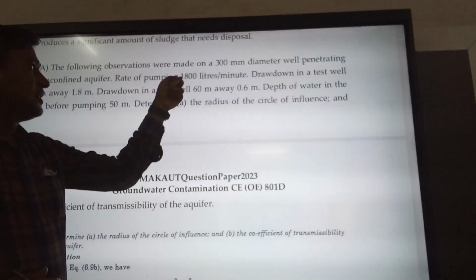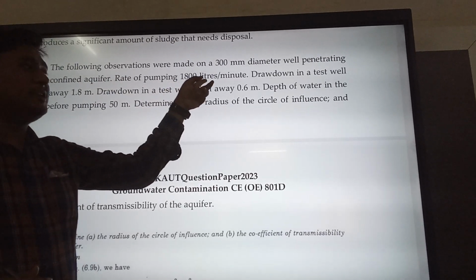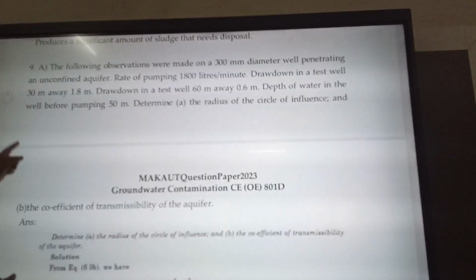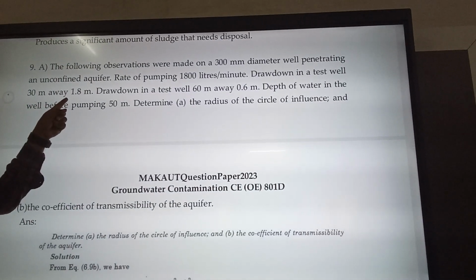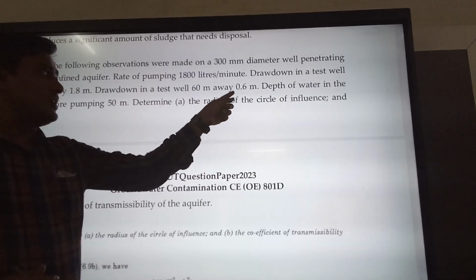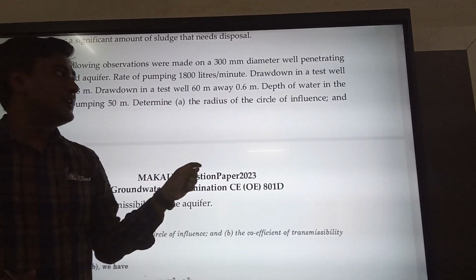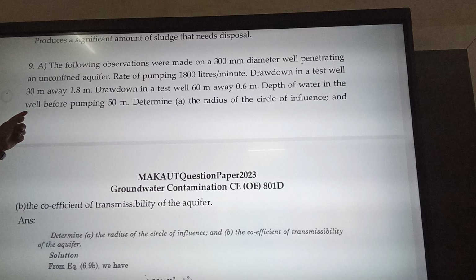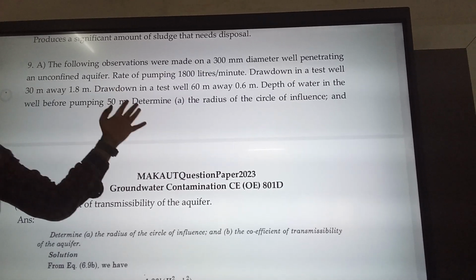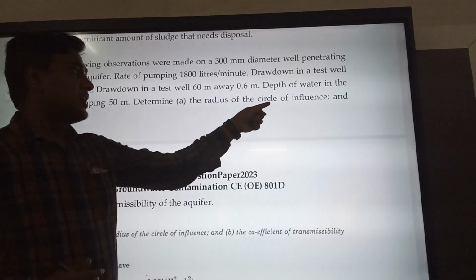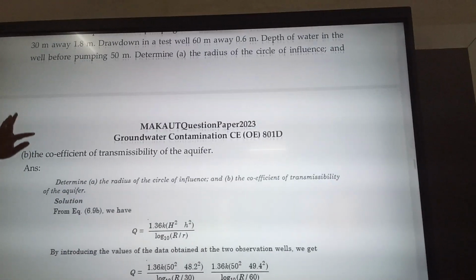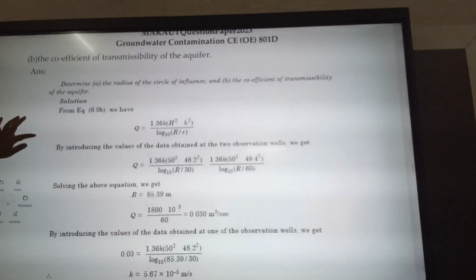Rate of pumping 1800 liters per minute, drawdown in a test well 30 meters away is 1.8 meters, drawdown in a test well 60 meters away is 0.6 meter, depth of water in the well before pumping is 50 meters. Determine the radius of circle of influence and the coefficient of transmissibility of the aquifer.